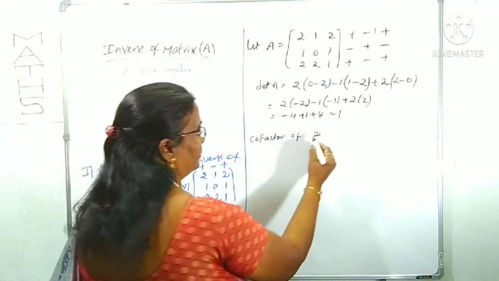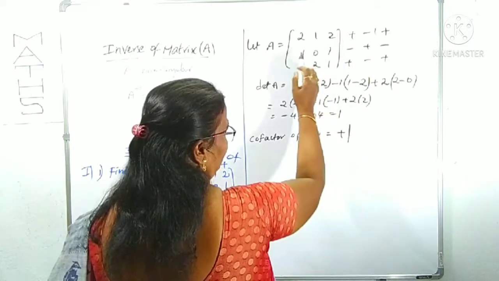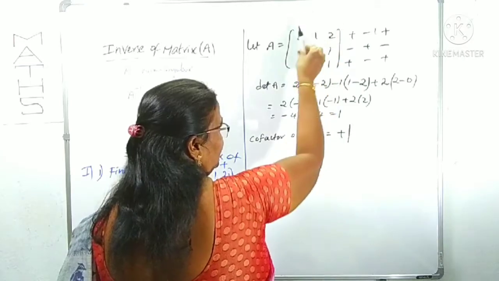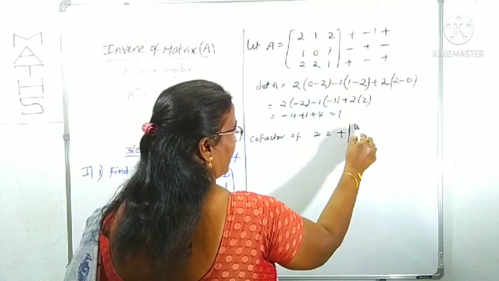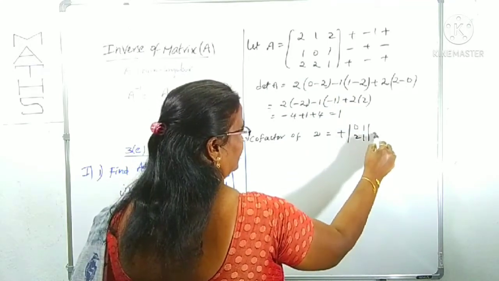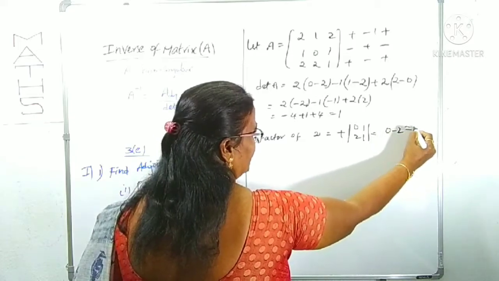So for the cofactor of 2, we use a plus sign, plus the determinant. This 2 is in the first row and first column. After closing these, what is left over is 0, 1, 2, 1. Its determinant is 0 into 1 is 0, minus 2, so minus 2.